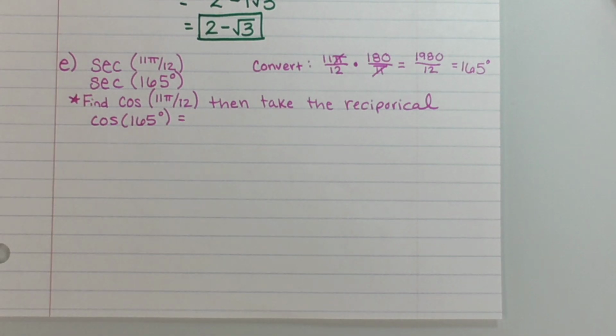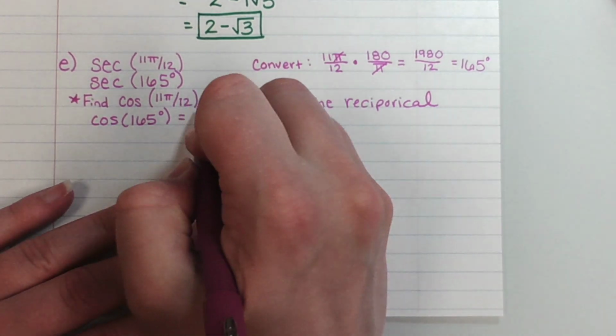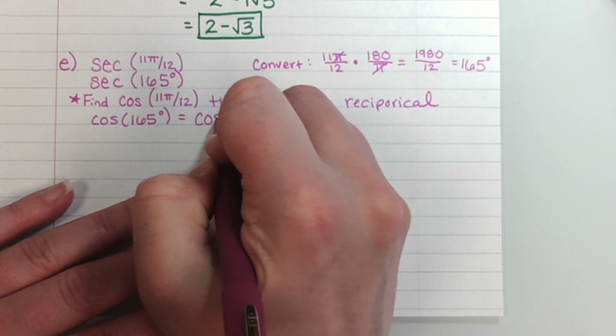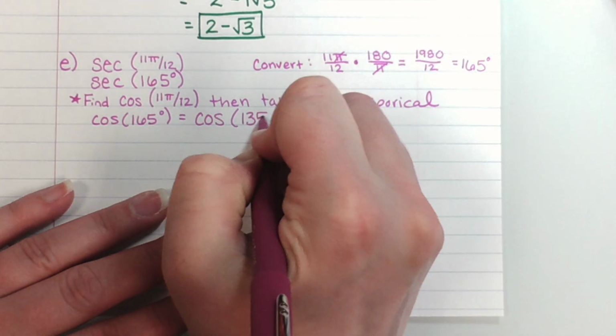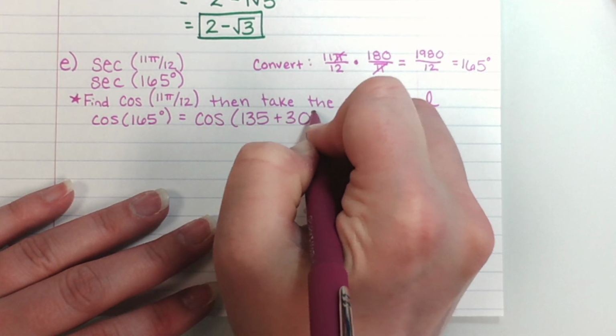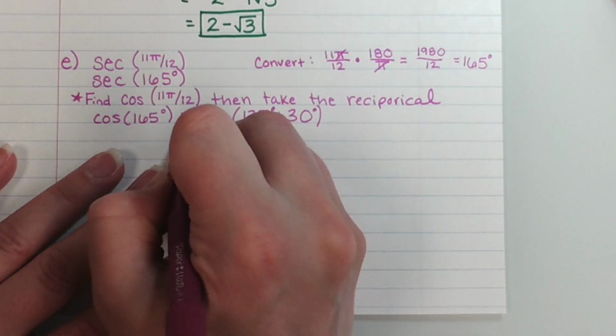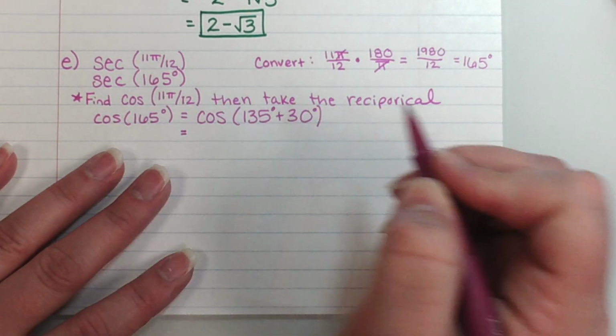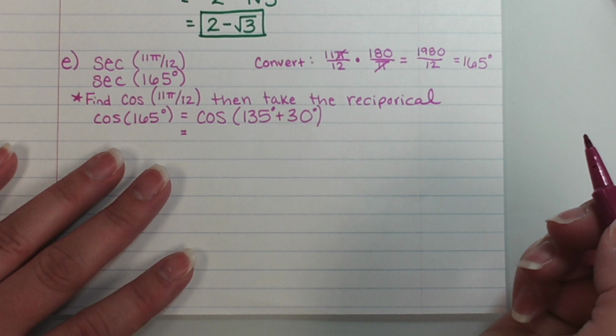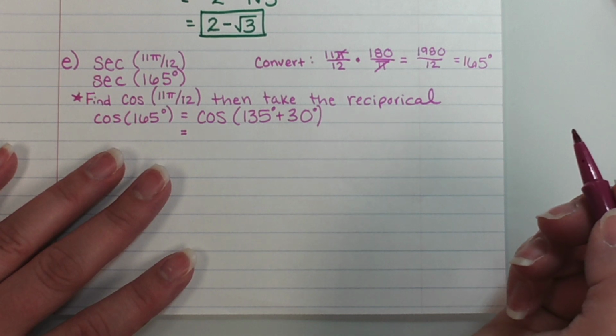I need two things that either add or subtract to give me 165. 135 and 30? Sure. Okay. Cosine, cosine, or cosine, sine?